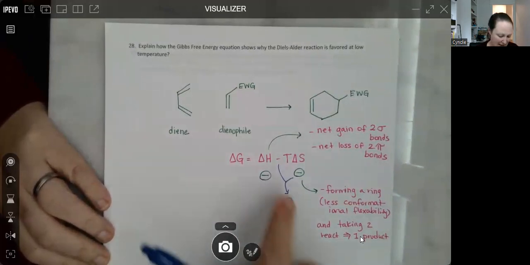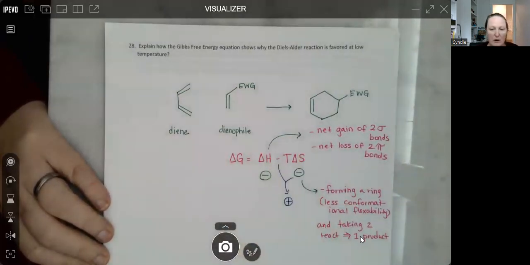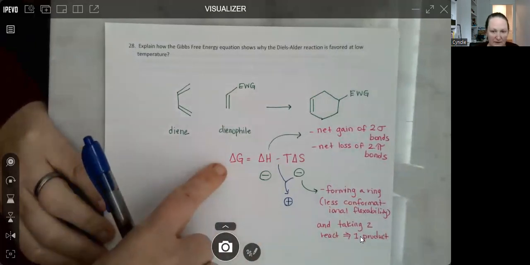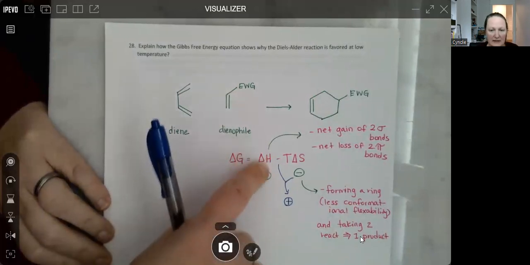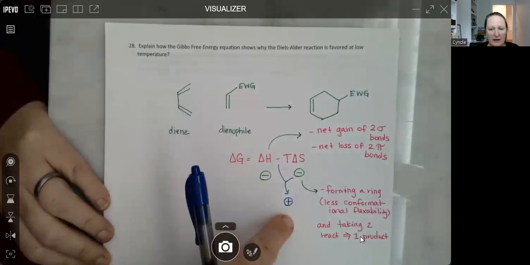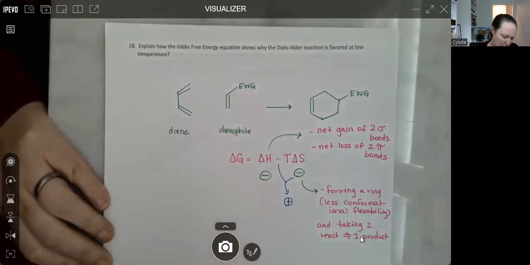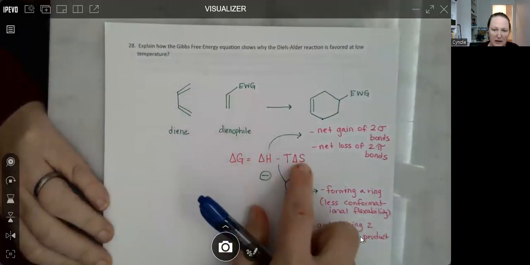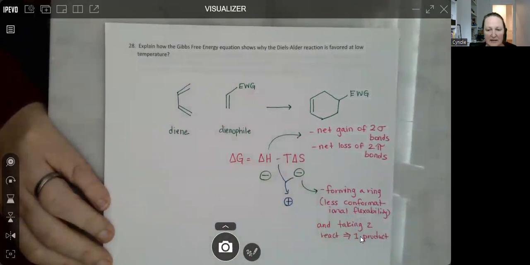Because you're subtracting this number, which will overall be negative. So if we want this reaction to be favored with a negative delta G, then delta H has to be greater in magnitude than T delta S combined when multiplied together, right? And the temperature is multiplied by delta S, or the entropy.